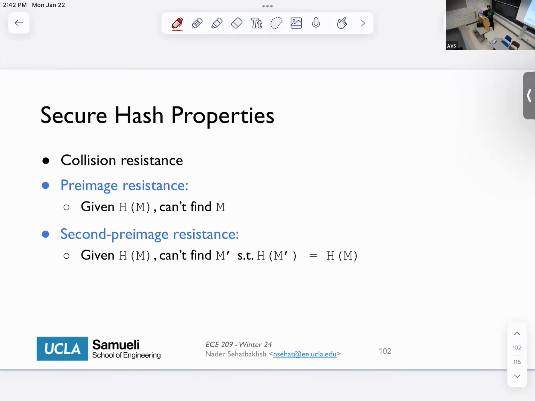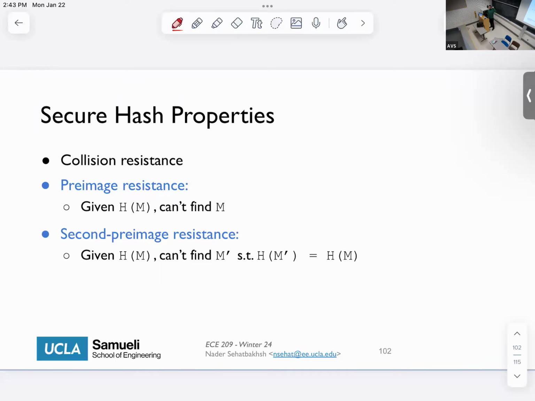The definition is that if I have h of m, the hash of a message, I cannot find what m is. And for the second pre-image, if I have h of m, I cannot find another message m prime such that the hash of m prime is equal to the hash of m. That's very different from collision resistance. It's kind of similar, but this is a particular one.